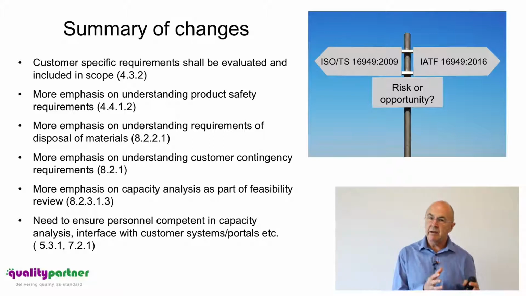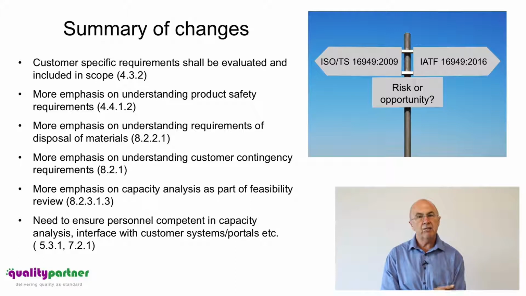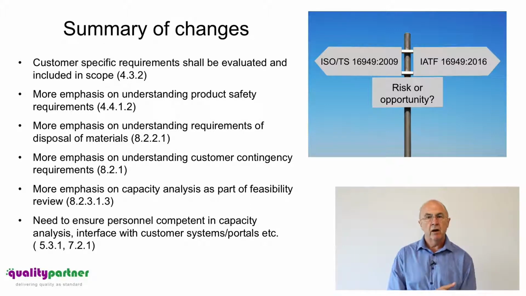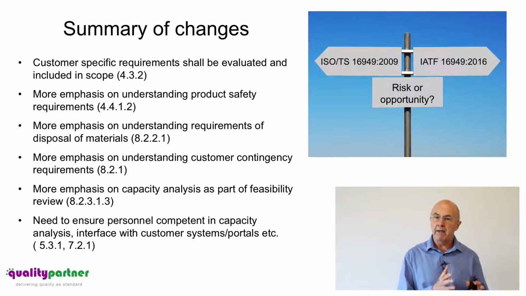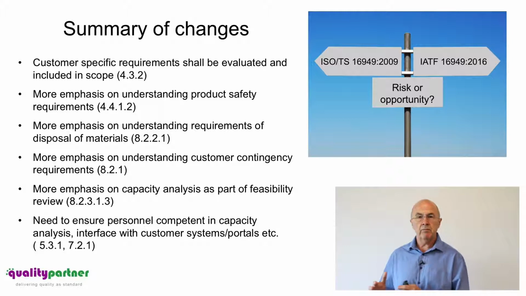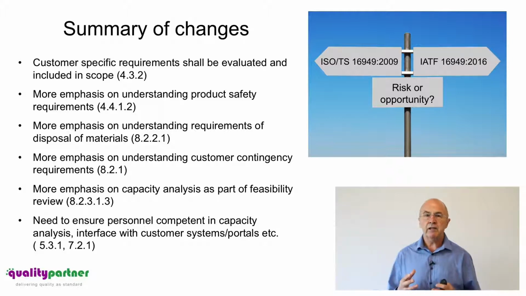So a key element of this requirement is that if we're taking on potential new business, we understand where the product that we're quoting for is going to fit within the vehicle, whether that be a car, a bus, a truck or a motorcycle, and what the safety related considerations are.